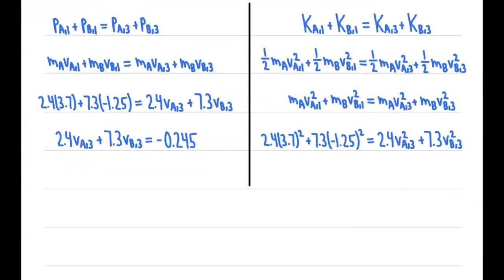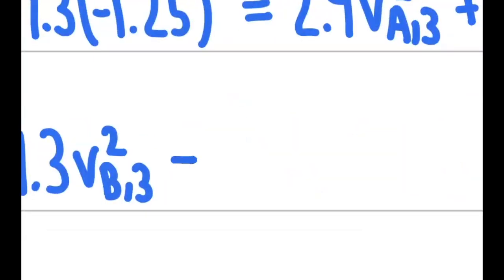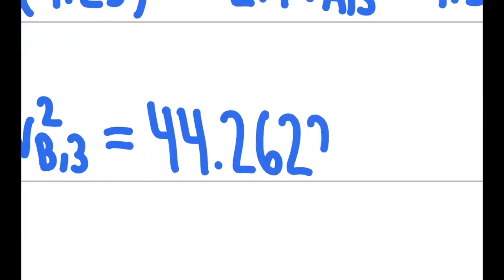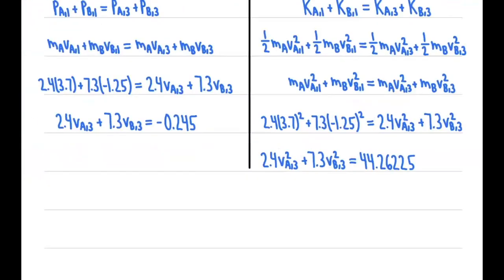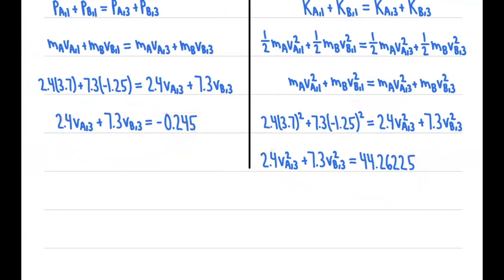And if you do all the arithmetic for the energy conservation equation, you get 2.4 VA3 squared plus 7.3 VB3 squared equals 44.26225.